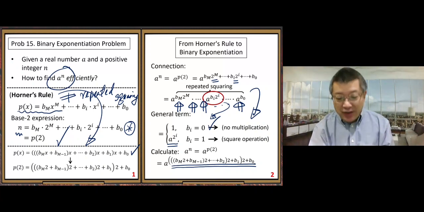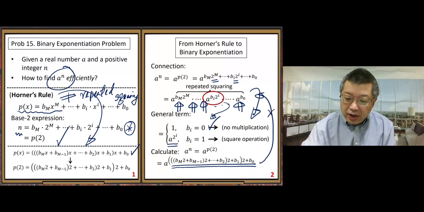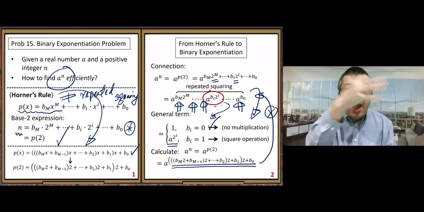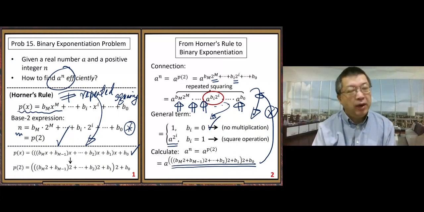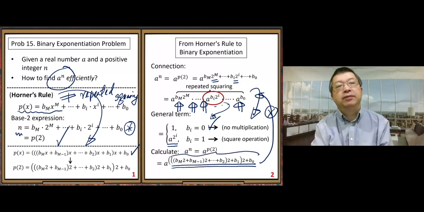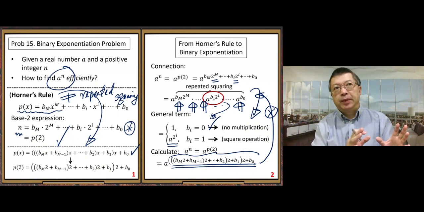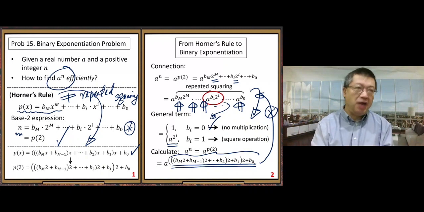You can see it's different from the independent way of handling different terms. Here it's a combined way, and the new way can save us a lot of multiplications.